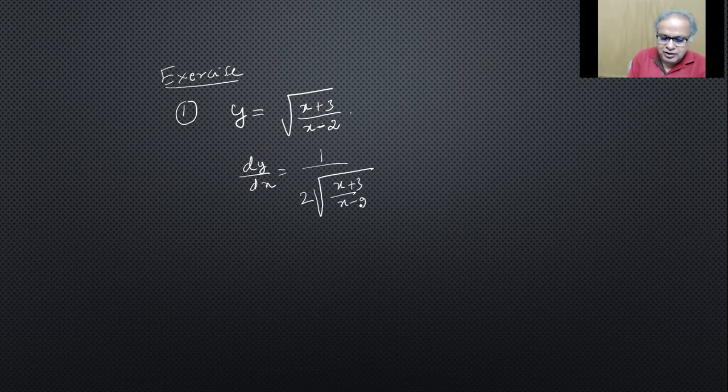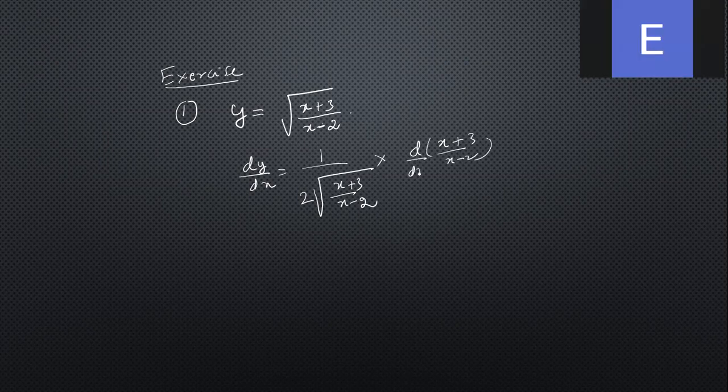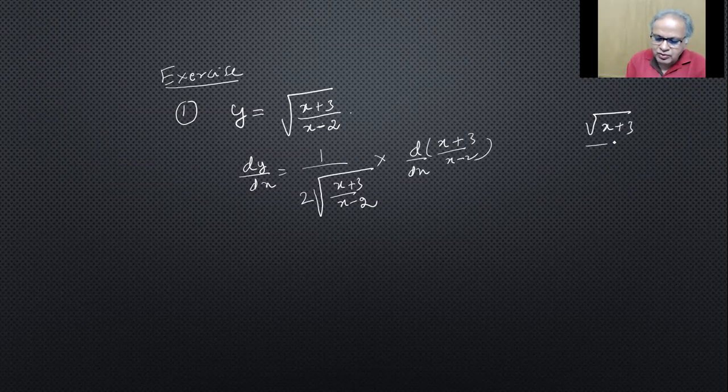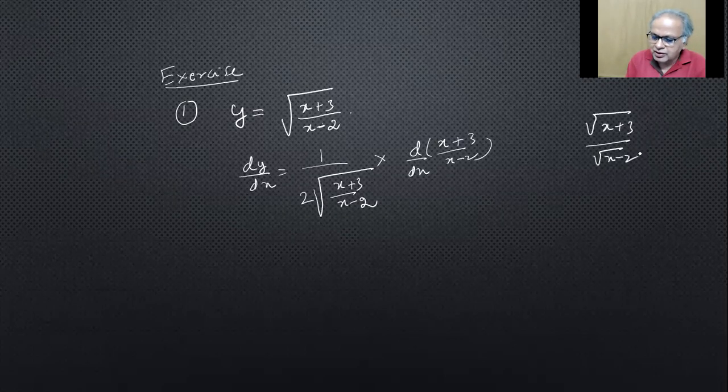Can I do this or not? Into d of (x plus 3) by (x minus 2) by dx, you can do. Or you can write root of x plus 3 in the numerator, root of x minus 2 in the denominator, take these as u and v and still do that. Both will come the same way.